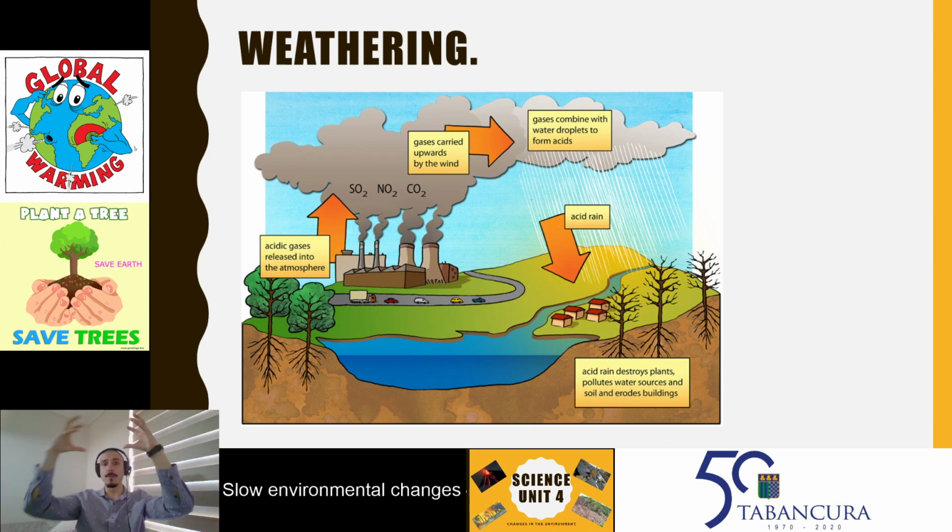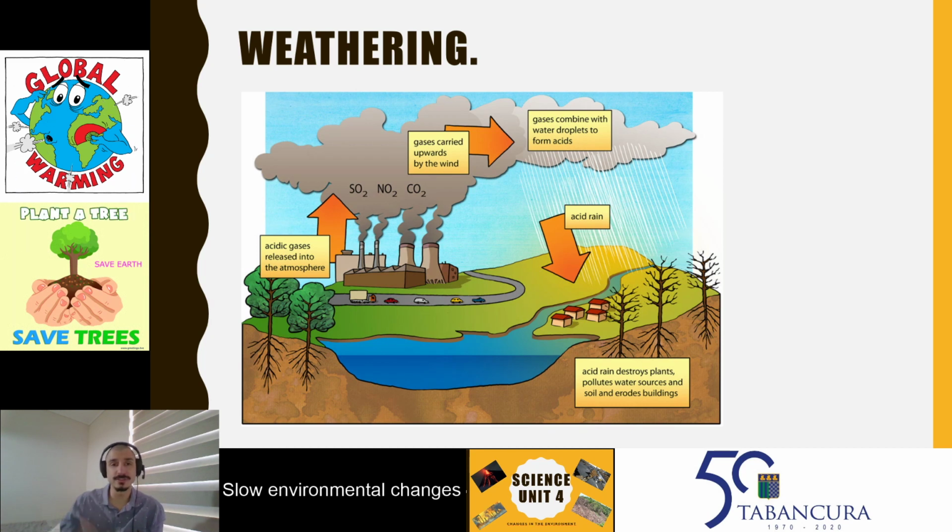They combine with water droplets to form acids, and they form acid rain. Then the rain comes down, so you have acid falling from the sky. This acid rain destroys plants. It pollutes the water sources and also the soil. And finally, it erodes buildings.